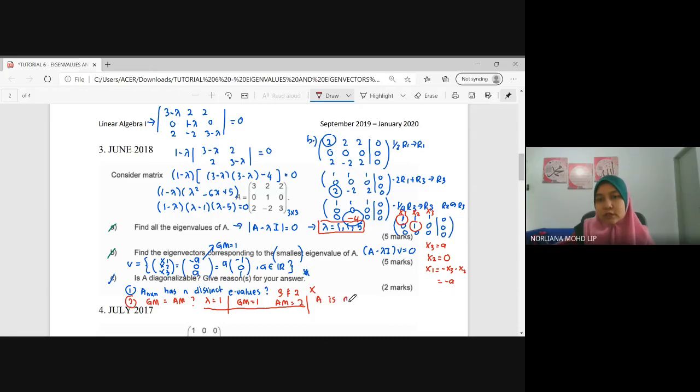A is not diagonalizable, since the GM equal to 1 does not equal to AM equal to 2 for lambda equal to 1. Ataupun boleh buat ayat lah.